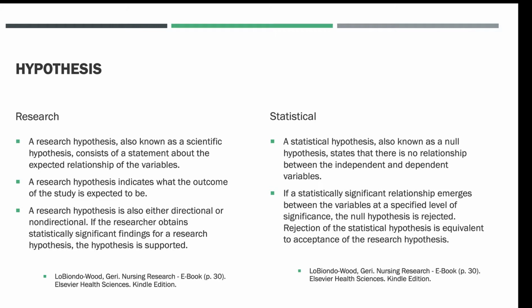If a statistically significant relationship emerges between the variables at a specified level of significance, the null hypothesis is rejected. Rejection of a statistical hypothesis is equivalent to acceptance of the research hypothesis.